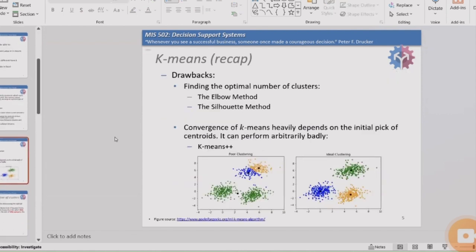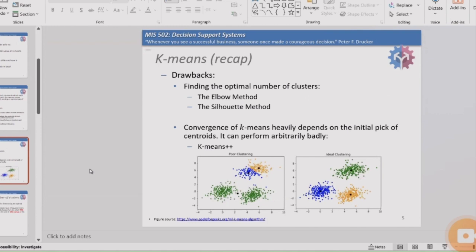Now, one of the things I want to ask you: when I ask you to pick the number of clusters, that seems to be a very awkward approach, right? You randomly pick any number of centers, 2, 3, 4.